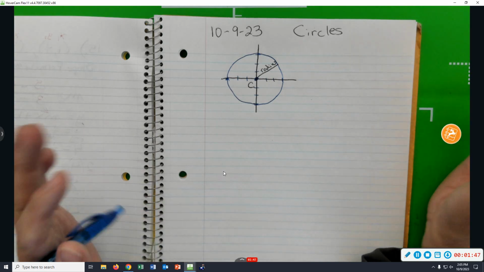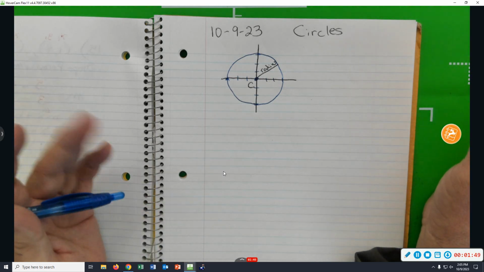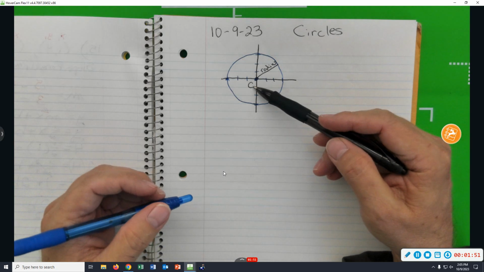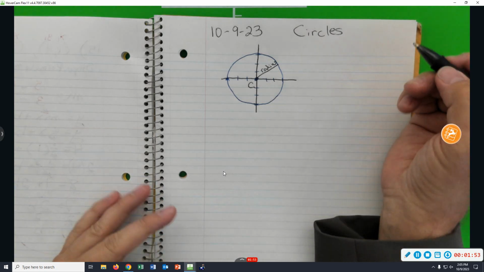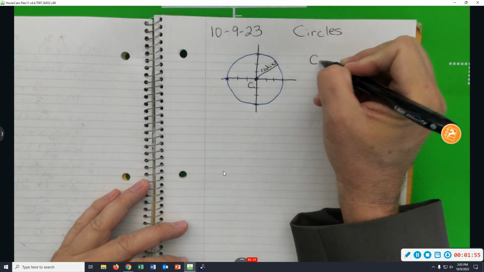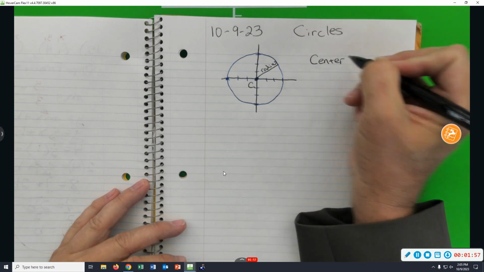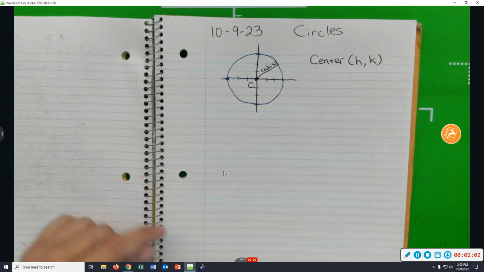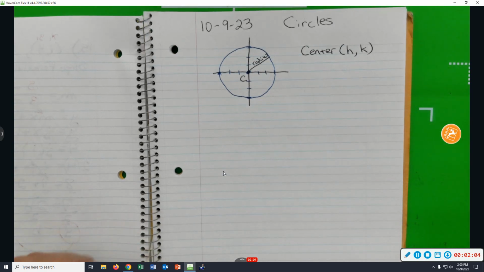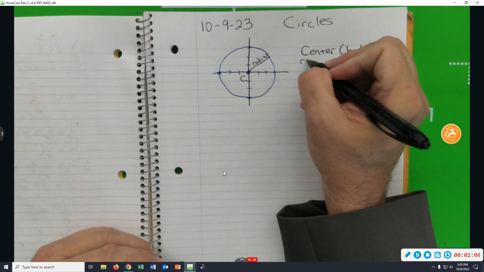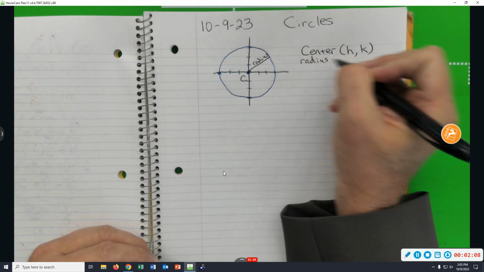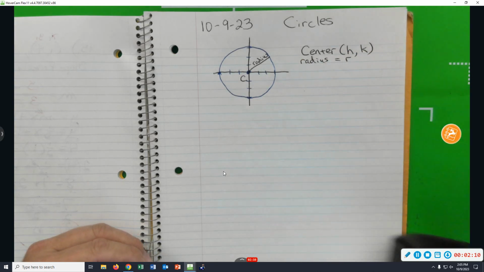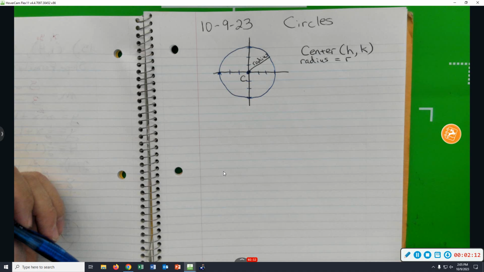It's standard practice to denote the center of a circle using the ordered pair (h, k). So let's suppose that the center of a circle is at the ordered pair (h, k), and we'll use the letter lowercase r to represent the radius of a circle.